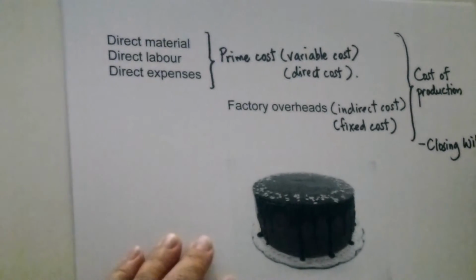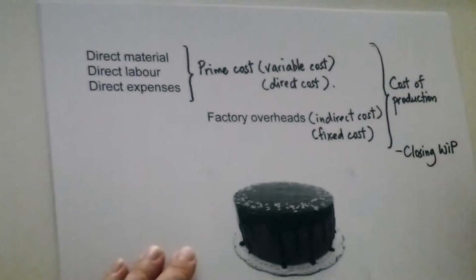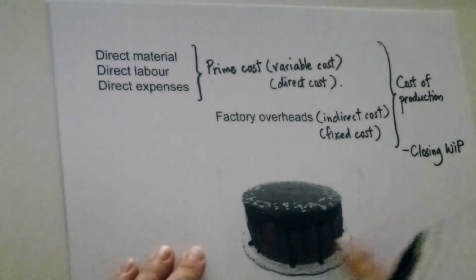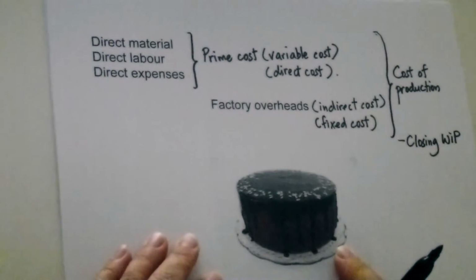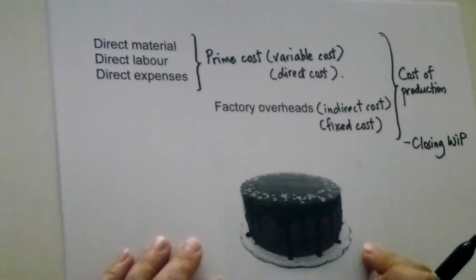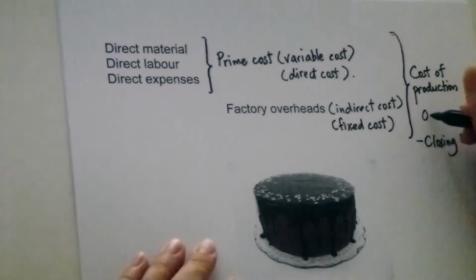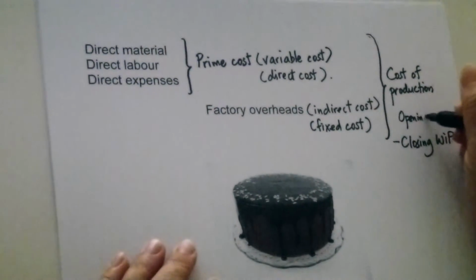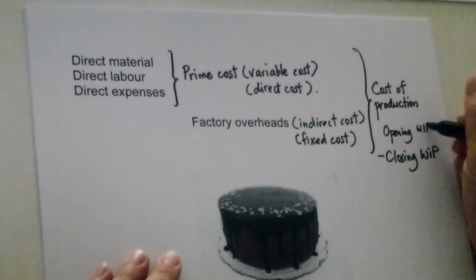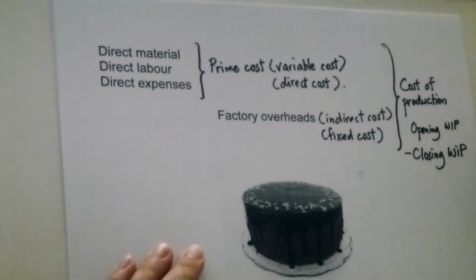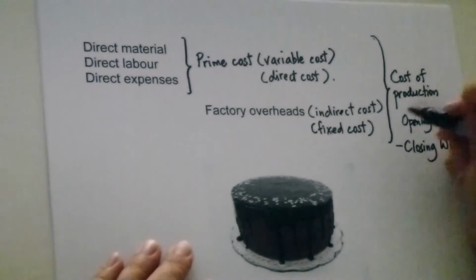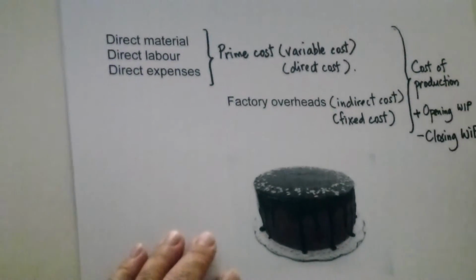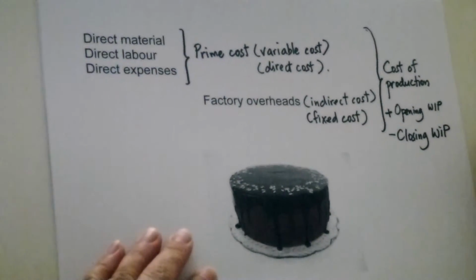So the next day when you come back to your kitchen or to your factory, you continue to ice it and it's ready for sale. So it's your opening work in progress. It's going to be sold during that day, so you need to add it to your cost of production.